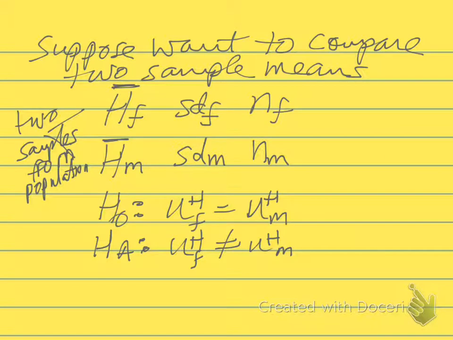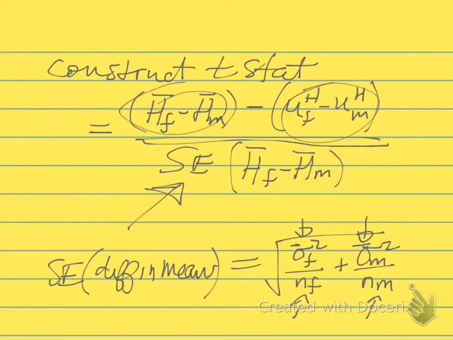Our third use is, suppose we want to compare two sample means. We have two samples from two populations, the population of females and the population of males. Our null hypothesis is that males are the same height as females. So we want to construct a t-statistic analogous to the one we just did.